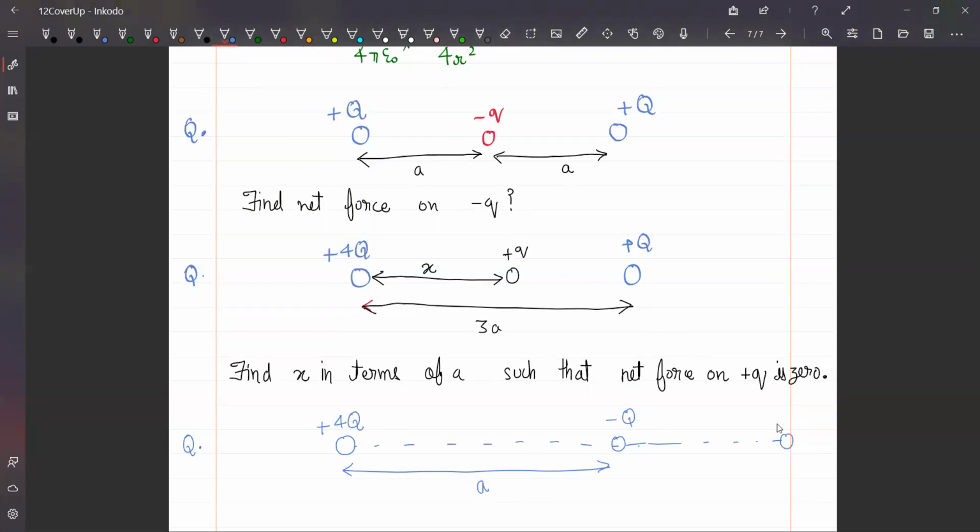You want to put another charge Q here, x distance away from it, such that the force on plus Q is 0. The question is, find x in terms of A such that the net force on plus Q is 0. These will be the questions that you will be doing. And send me the answers once you are done.